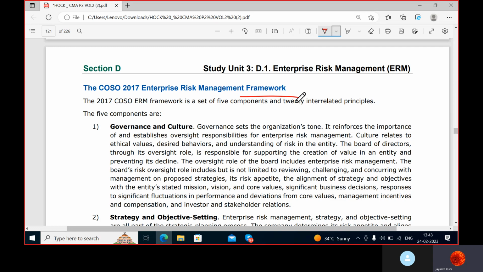Since we have discussed that in 2004 they had some guidelines, now they don't want that to be followed, and they have got some fresh guidelines, some fresh framework which organizations should follow to minimize their risk, and it should be a part of the ERM, that means enterprise risk management. That means the guidelines for how risk management should be done.